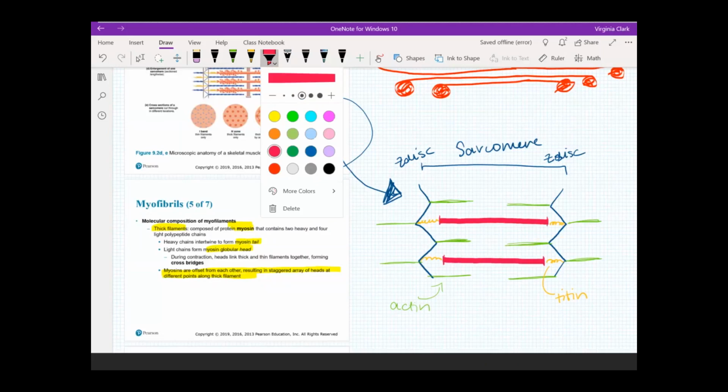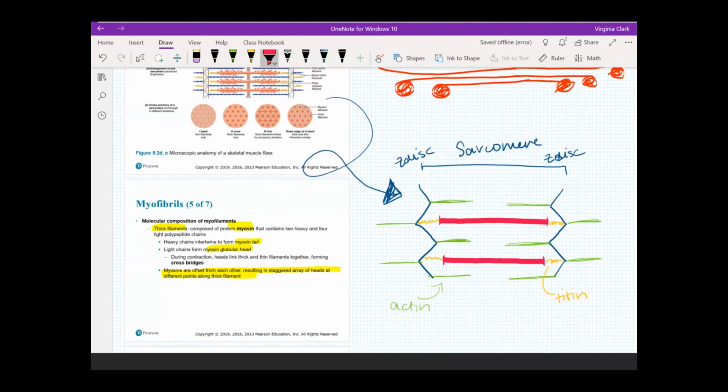But remember, this thick filament is going to have those heads that come out in varying directions. So this is going to be my thick filament that kind of looks like this. But it's your titin protein that is holding it in place.